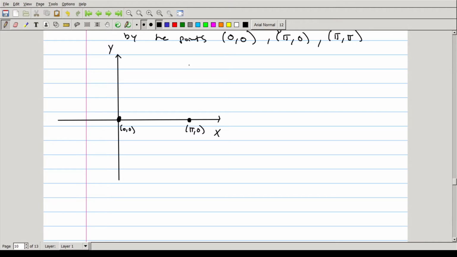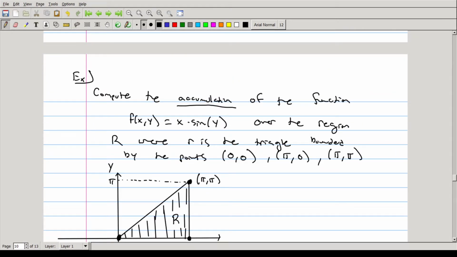And pi, pi is this point right here. And so the triangle bounded by these points is exactly this triangle right here, which gives our region R. And we're looking for the accumulation of this function, so it's a double integral of this function over this region R.